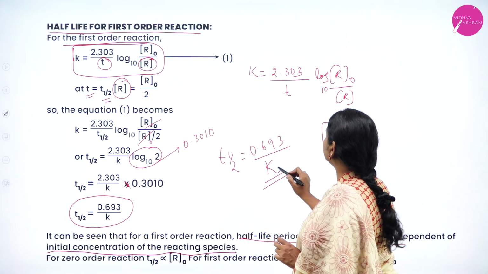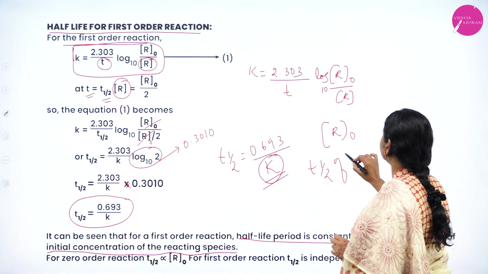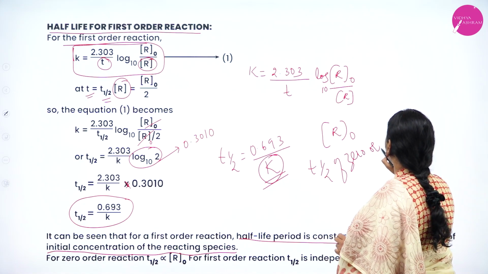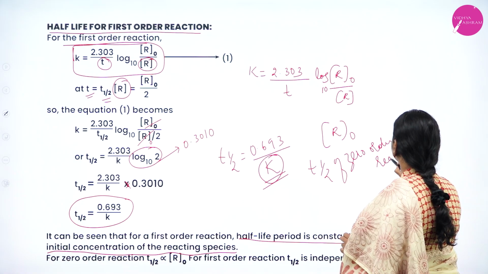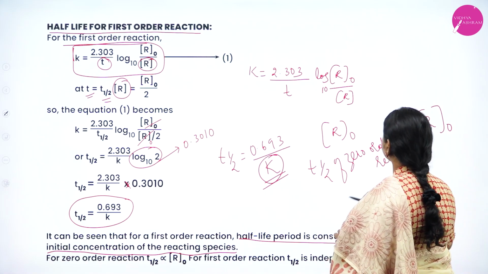T half of a zero order reaction is directly proportional to the initial concentration of the reactant.